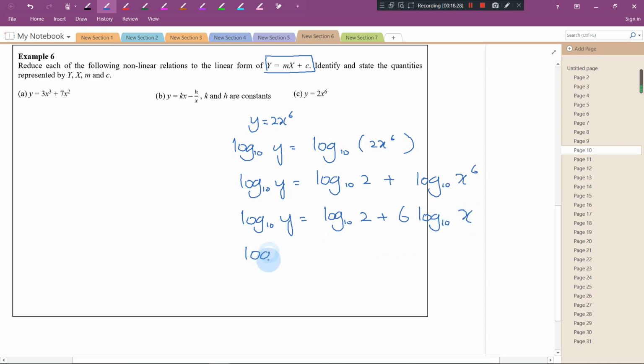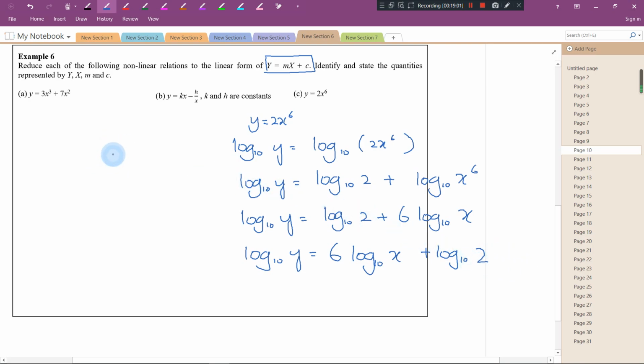Okay, so now I rearrange all these terms nicely so that you can see which one is the gradient, which one is the y-intercept. Okay, log base 10 of y equals 6 times log base 10 of x plus, okay, correct.